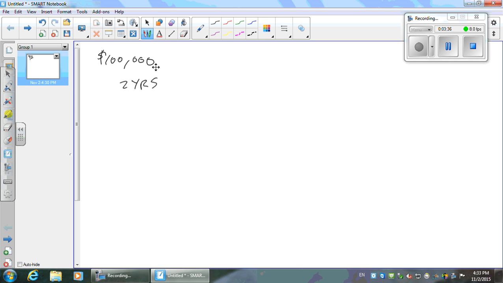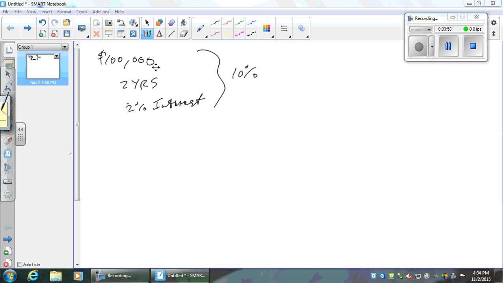Does that make sense? But let's not make it non-interest bearing. Let's make it a 2% rate. 2% is the interest rate, but you think really in the market these people should be paying 10%. Let's value the note and therefore value this sale.